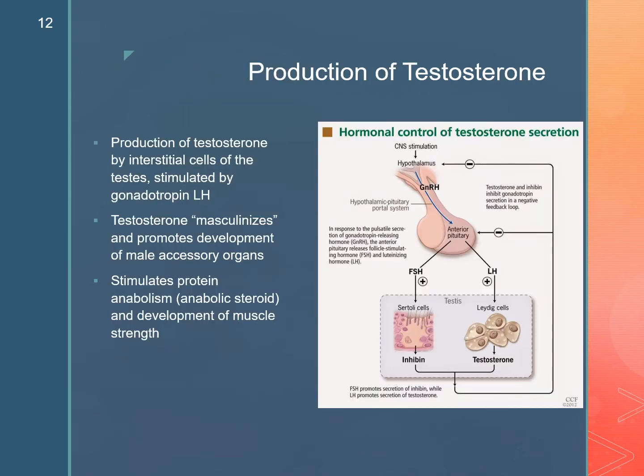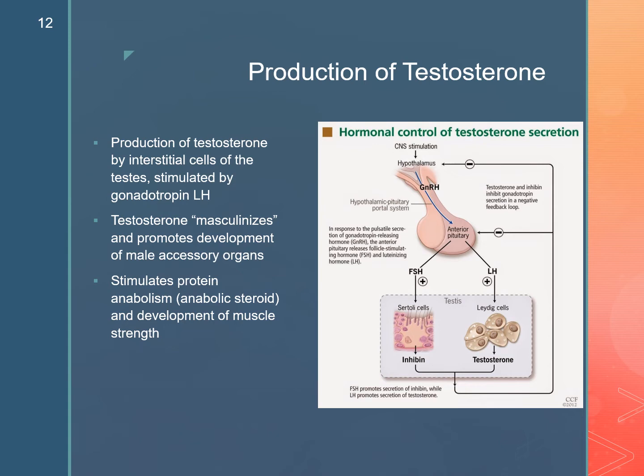Those interstitial cells that produce testosterone are referred to as Leydig cells, and the Leydig cells are stimulated by the gonadotropin luteinizing hormone. So what does testosterone do for the male exactly? Well, first of all, it helps to masculinize the male. For instance, when a young boy's voice changes, it's testosterone that brings that about.